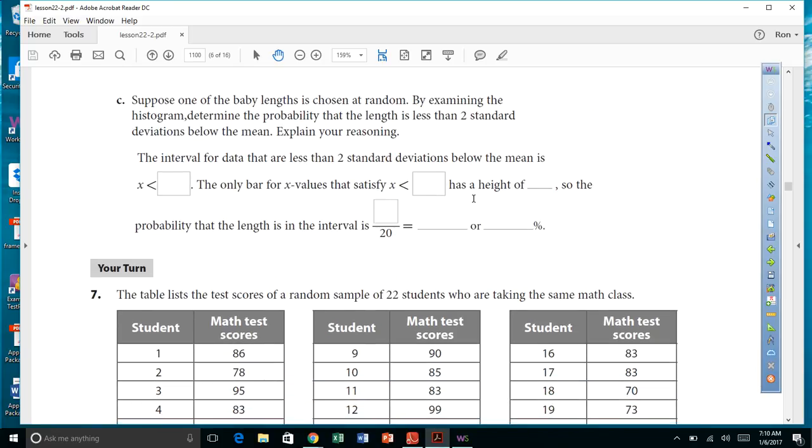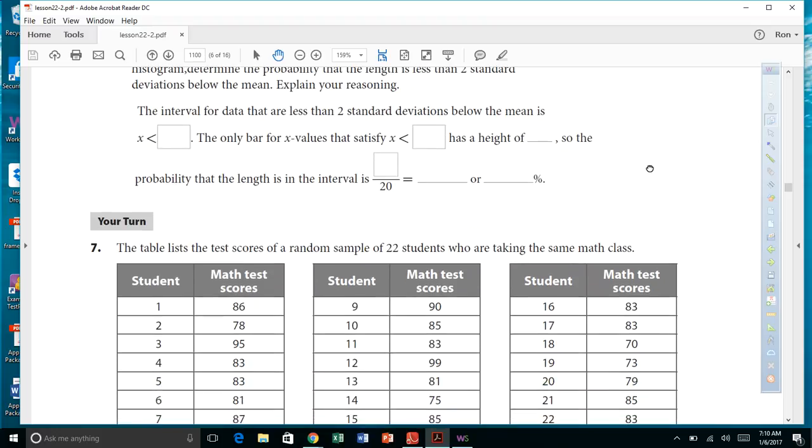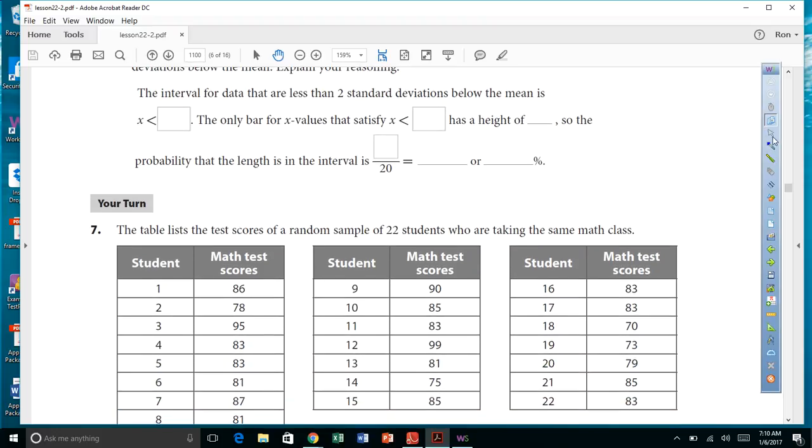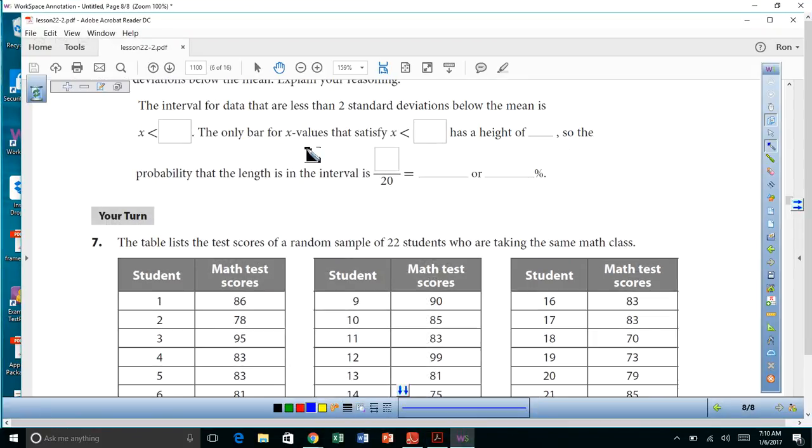Suppose one of the baby lengths is chosen at random. By examining the histogram, determine the probability that the length is less than 2 standard deviations below the mean. Explain your reasoning. The interval for the data that are less than 2 standard deviations below the mean is x is less than 17.2.